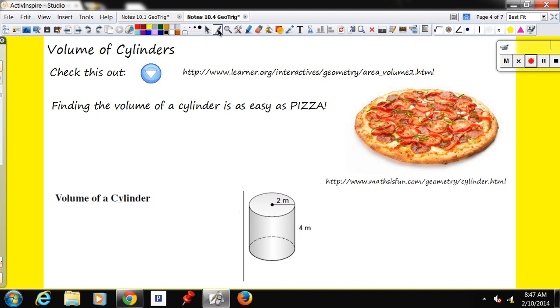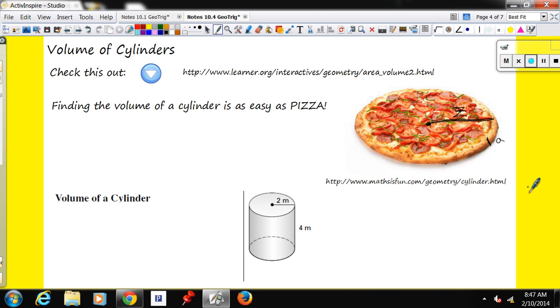So here's what you're going to want to do. On your pizza, draw a radius, and make the radius be z. The radius is z. The height, the thickness of the pizza, we're going to make that a. So your radius is z, your height is a.